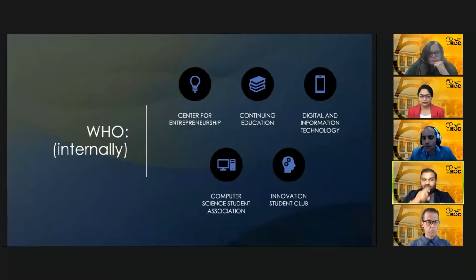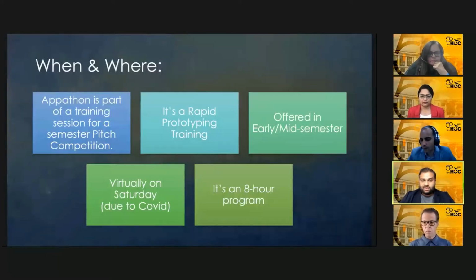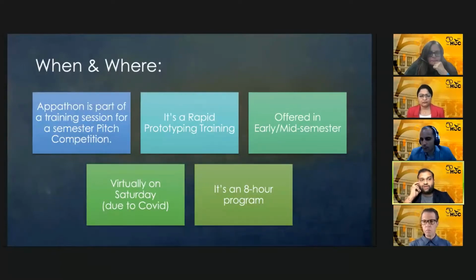I'll just put the slide up to the who, just for us to know. It's the center, the Innovation Student Association Club, the CE and the DIT. For us, as I mentioned, the when and the where: it's an 8-hour program offered on Saturdays, usually in the early to mid part of the semester.